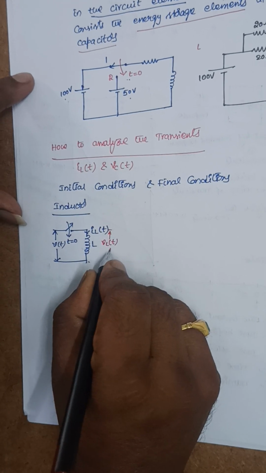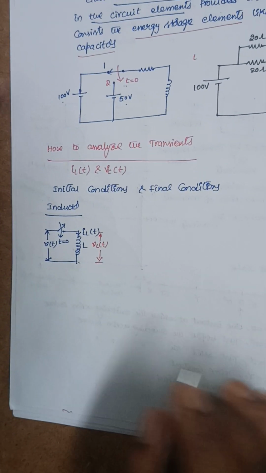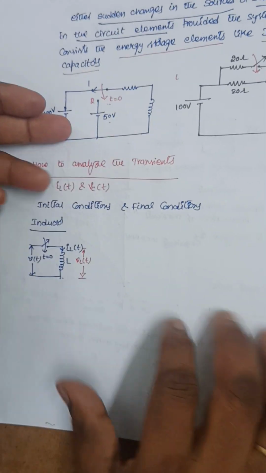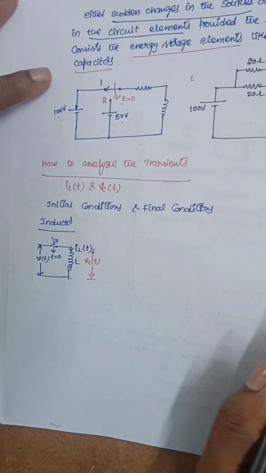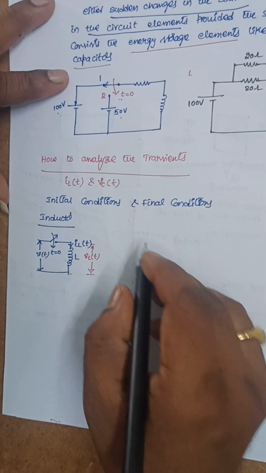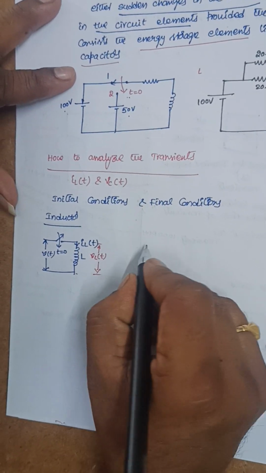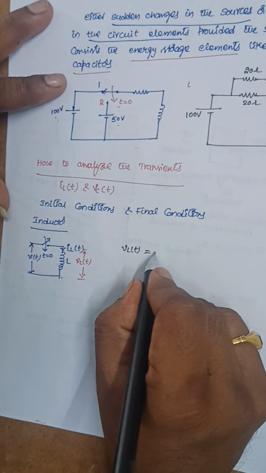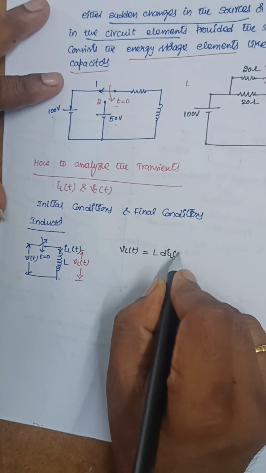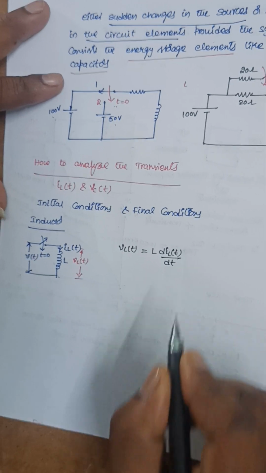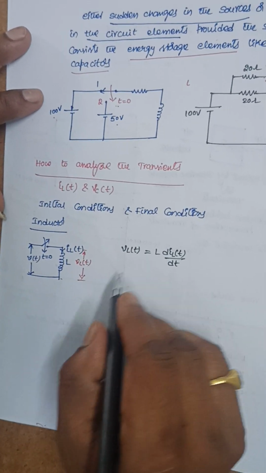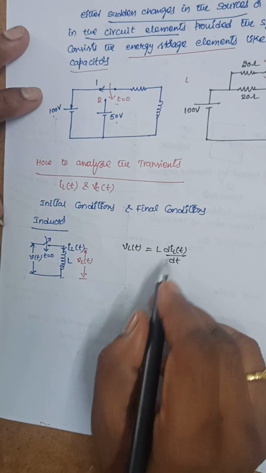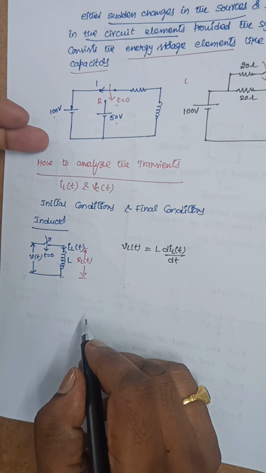We know that vL of t is equal to L into diL of t by dt, the voltage across the inductance, where iL of t is the current flowing through the inductance.